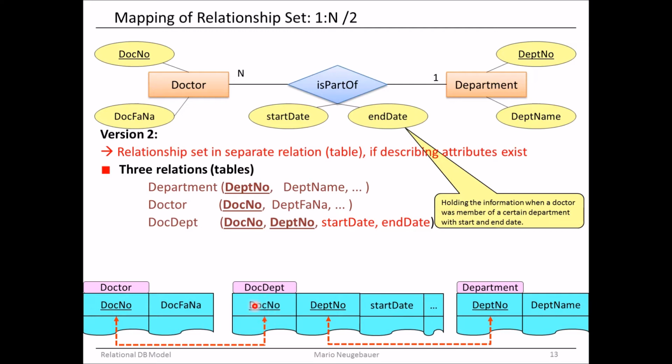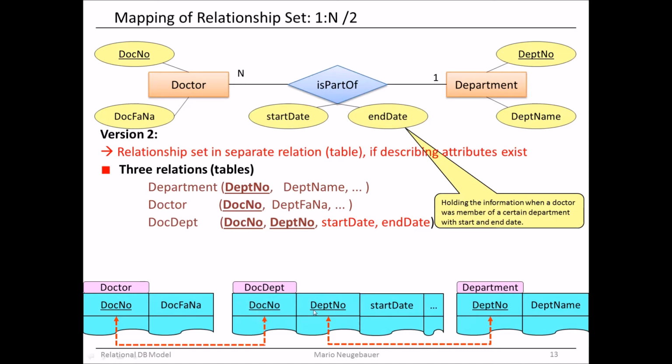Here, first a foreign key, and we use that also as a part of a primary key. And the department number, which is first a foreign key, because here it's a primary key. And then we take this foreign key as a part of a new primary key, which is a compound key here.